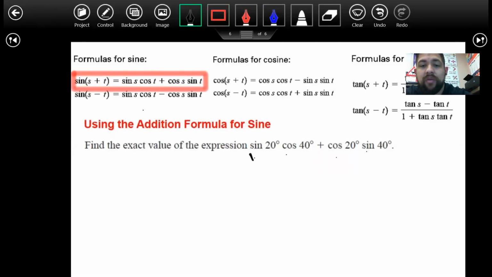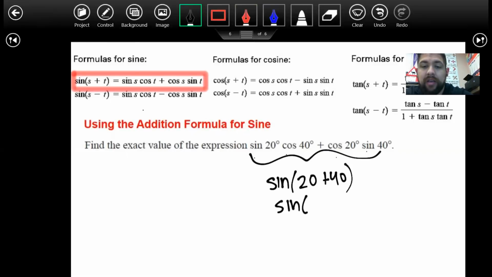This tells me I can rewrite that as a sum of two values. So sine of 20 plus 40. These are fairly easy for you guys to do. Sine of 60. Again, looking at your unit circle, sine of 60 is rad 3 over 2. So that's what I'm looking for.